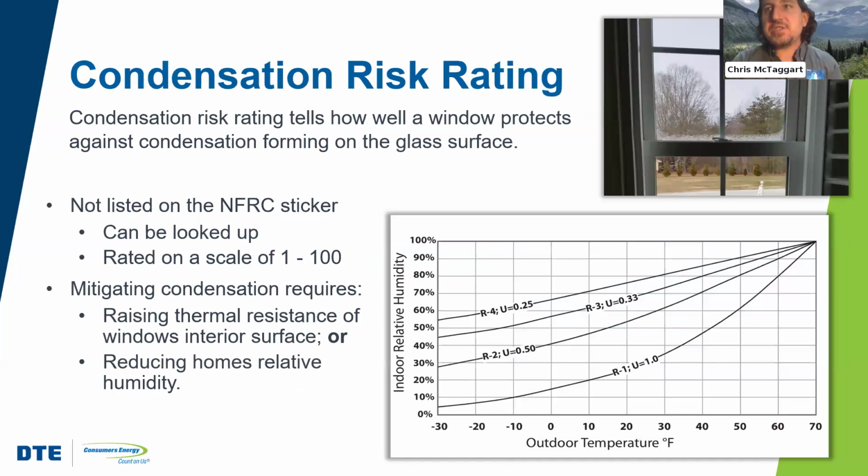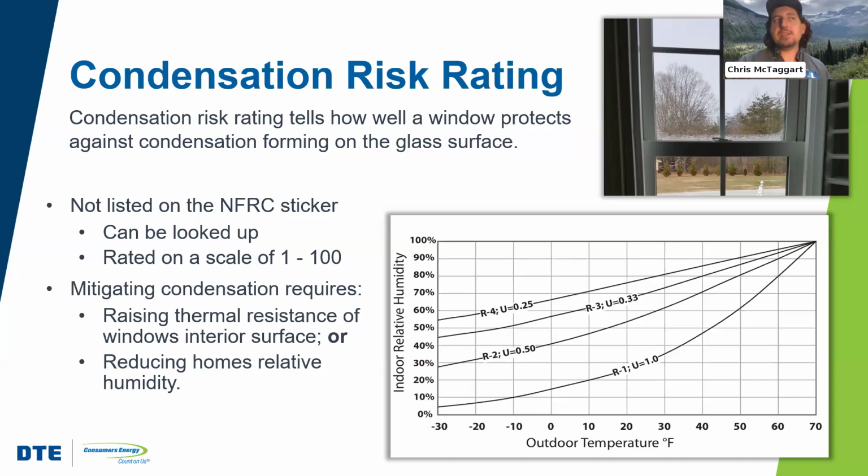Condensation risk. Again, NFRC rates windows for condensation risk. Basically, in essence, the higher the R value or the lower the U factor, in general, the lower the condensation risk is going to be. But I will say that where the low E coatings are in the windows, and some of the other values like the ratio of frame and the spacer material, can also impact it.